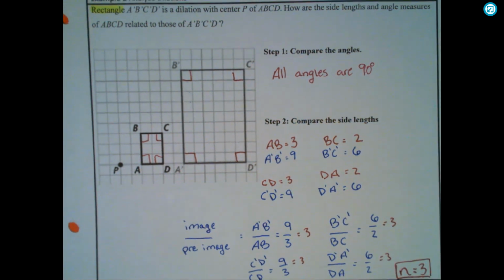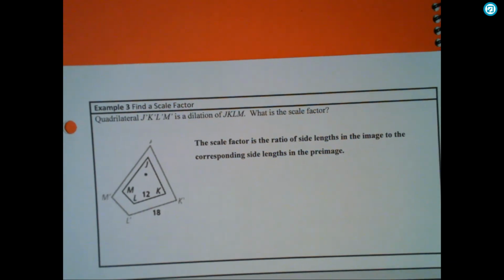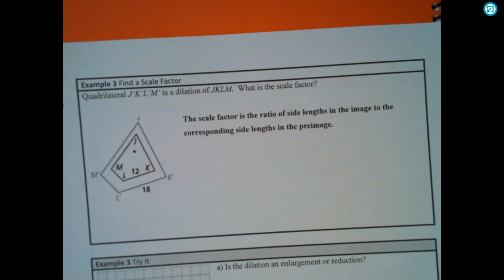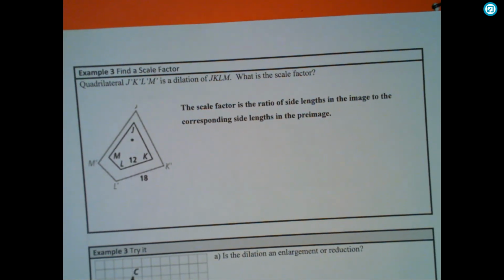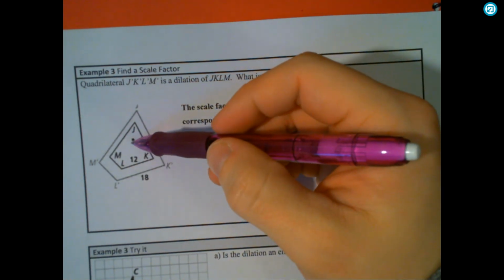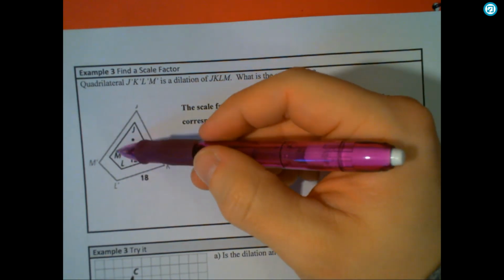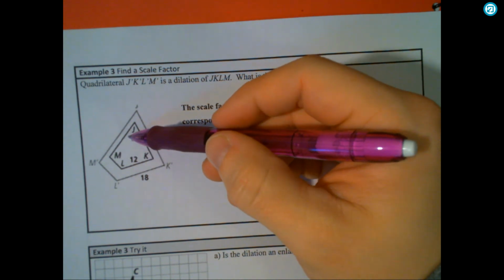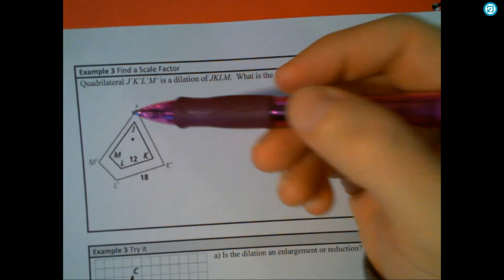Going to example 3, instead of having a rectangle, which is nice because all the angles are 90, we now have a quadrilateral. You have a center in the middle. We have our pre-image JKLM, and then we are multiplying this by a value n, which is making it bigger.